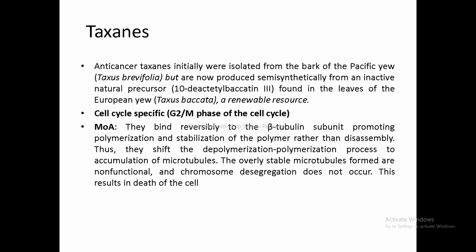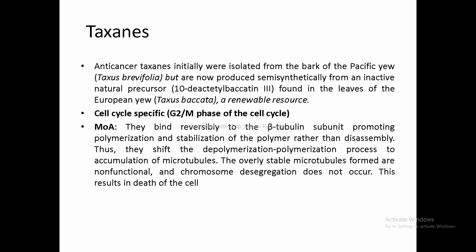Now these taxanes are cell cycle specific. That is, they act on the G2 phase and M phase of the cell cycle. Regarding the mechanism of action, these taxanes bind reversibly to the beta tubulin subunit, which promotes the polymerization process, and it stabilizes the polymer rather than its disassembly.